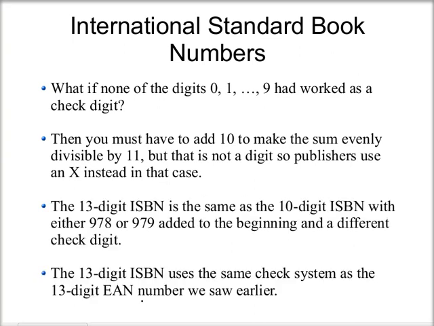Just to go over the 13-digit ISBN very quickly, this is the same as the 10-digit ISBN with either 978 or 979 added to the beginning and a different check digit. And the 13-digit ISBN uses the same check system that we saw earlier with the 13-digit EAN number.